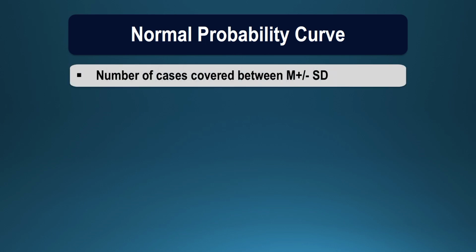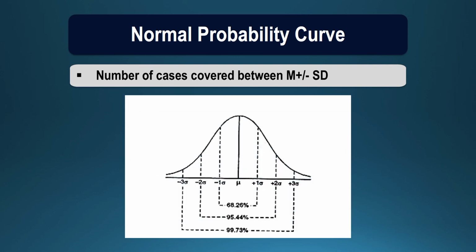Another characteristic of normal probability curve is there are a fixed number of cases at different standard deviation units. Mean plus minus 1 sigma covers 68.26% of cases.